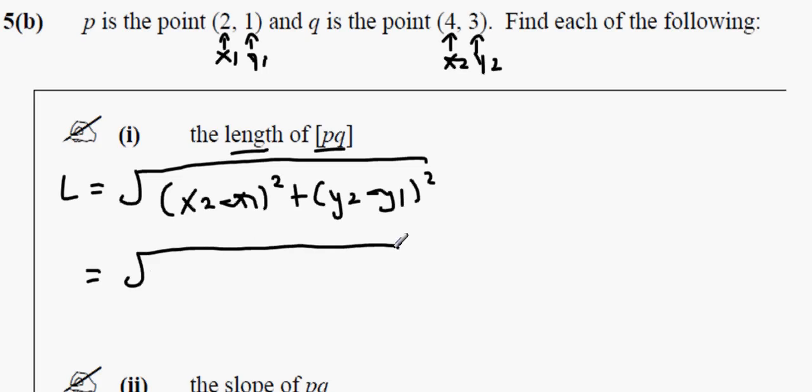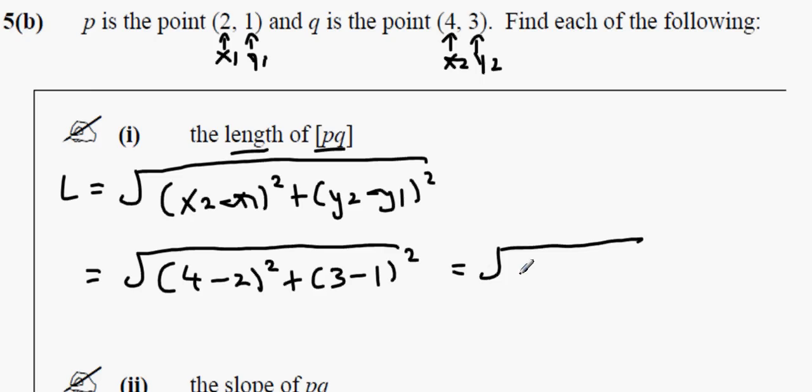You can say that x2 is 4 minus x1, which is minus 2, squared, plus y2, which is 3 minus 1, squared. So what we have here is basically the square root of this. Put this into your calculator. If you put all of this straight into your calculator, you can get the answer right away.